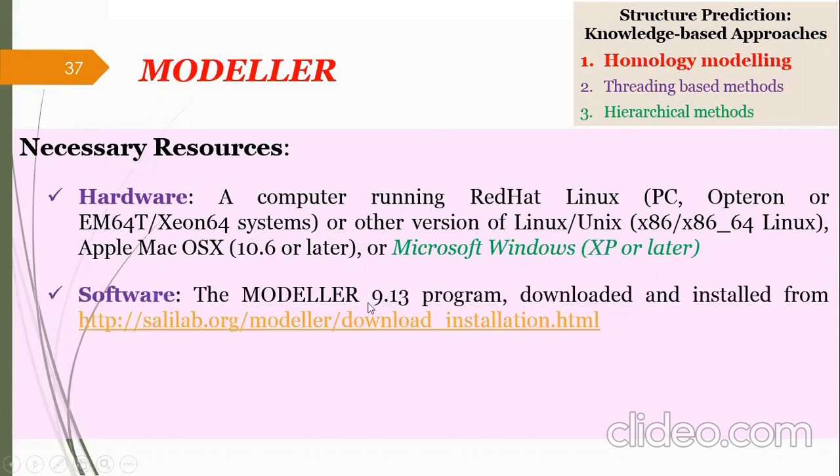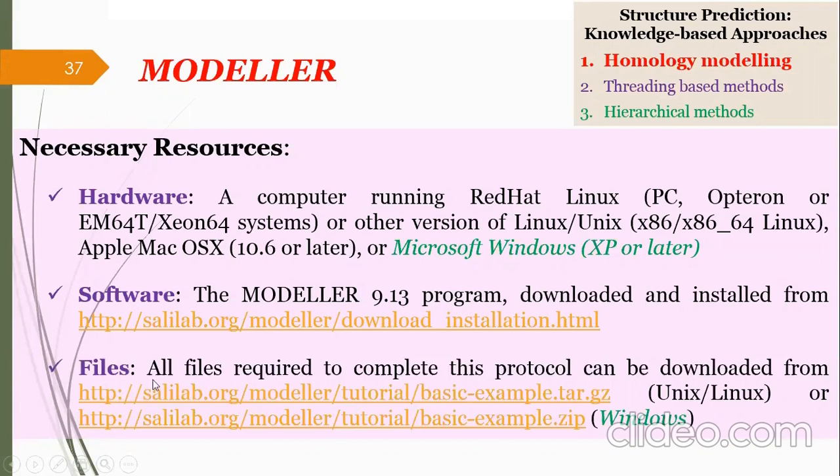The software we need to download and install from this site. Just click on this and you will go to the site from where we can download the software. MODELLER 9.13, or a more recent version if available. Files we need to download. The complete protocol can be downloaded from this, for Linux or for Windows.